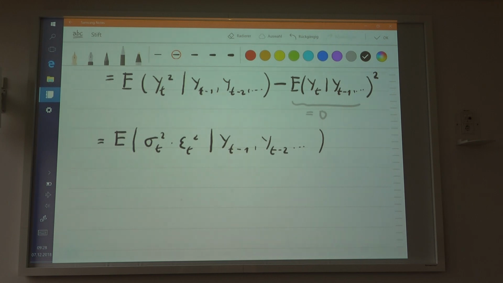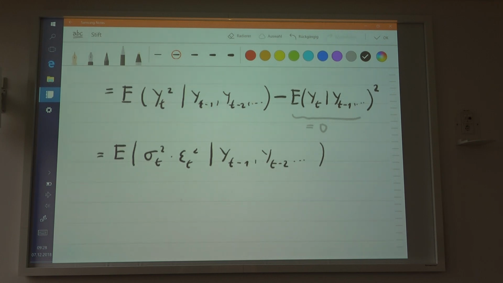Now guys, the expression sigma squared is basically a function of y_{t-1}, y_{t-2}, etc. So this is a function of the squares of the path of the process.